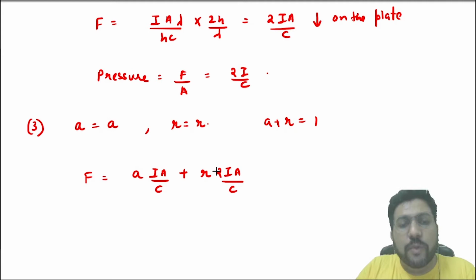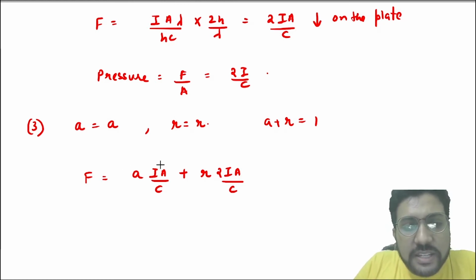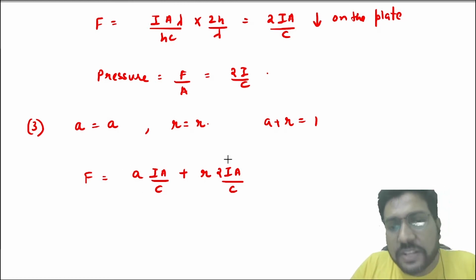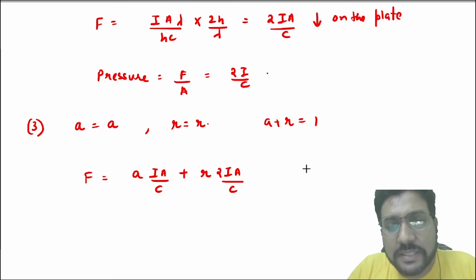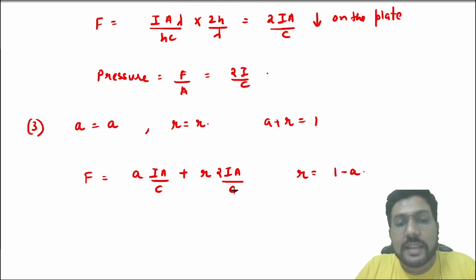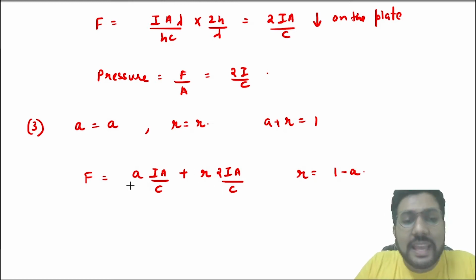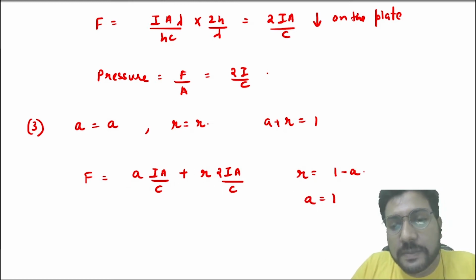Why? Because the force due to reflection is 2Ia by c, and due to absorption it is Ia by c. So the net force is A into Ia by c plus R into 2Ia by c. R can also be written as 1 minus A if they have only given you A. If they have only given you R, then A can be written as 1 minus R.